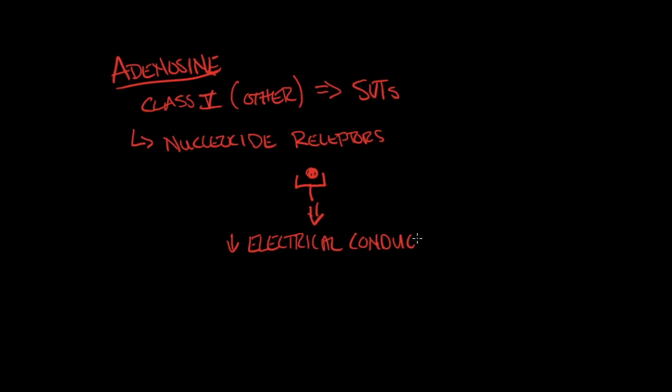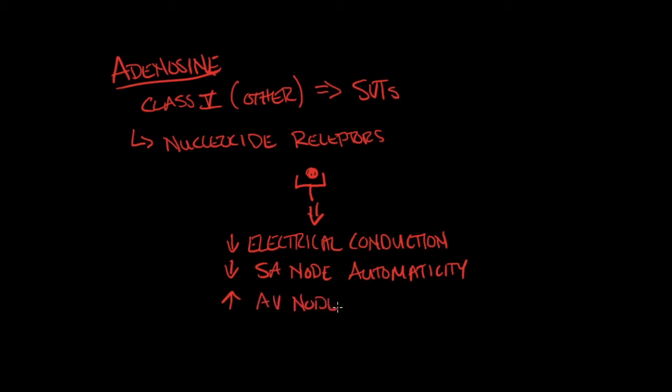It's also going to have a decrease in SA node activity or automaticity. But more importantly, it's going to have an increase in AV node refractory period, which is going to kind of cause an AV block.